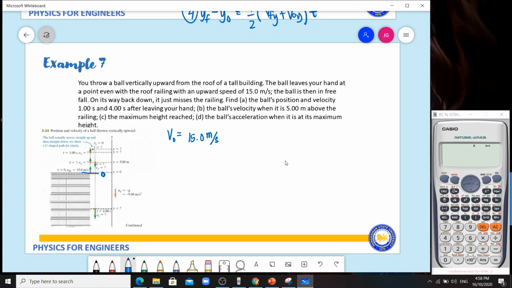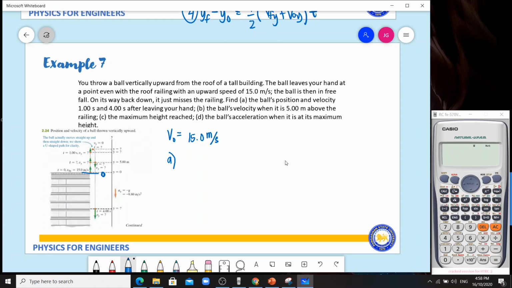So, tinapon siya, tapos, nagpababa yung bola. So, lumagpas na siya sa railing, bumaba na siya all the way down the building. Okay? So, ang hinahanap dito is the ball position and velocity 1 second and 4 seconds after.